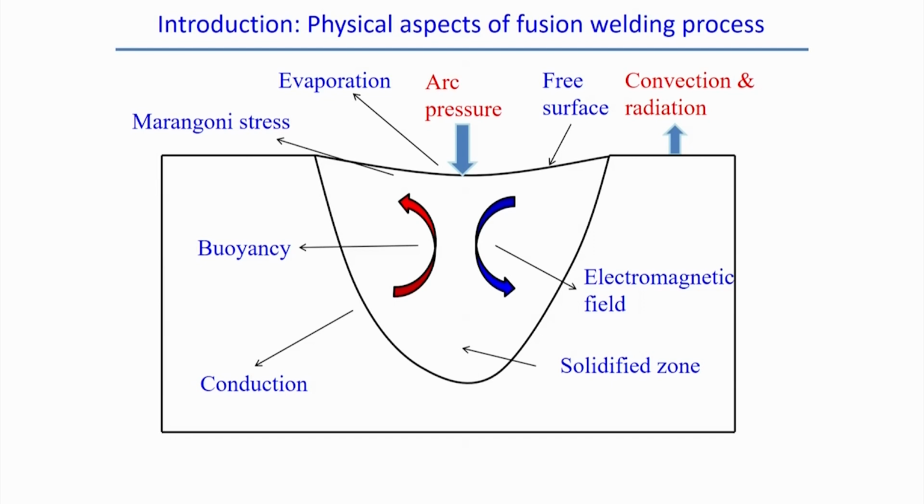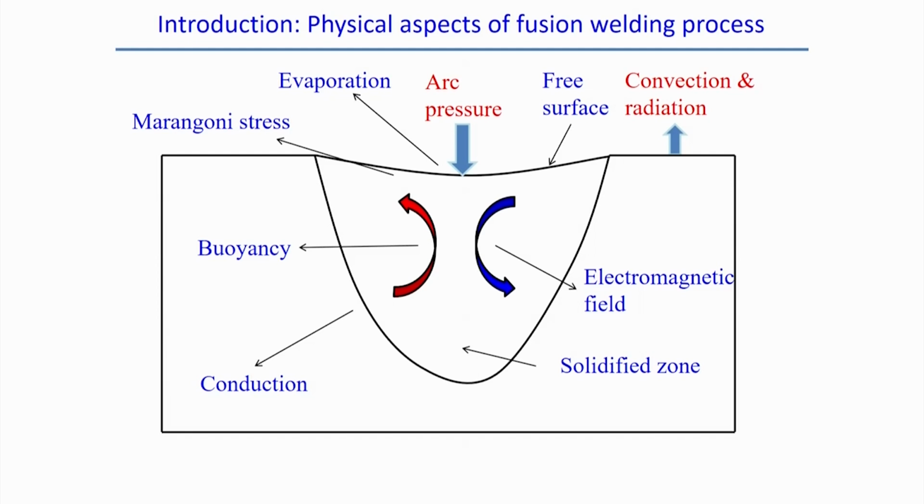And if there is an arc welding process, it is not necessary that the surface will be flat as it was initially, because there is an arc acting with arc pressure on the top surface. So, that changes the free surface profile. The free surface can have some curvature, so it may not be flat.